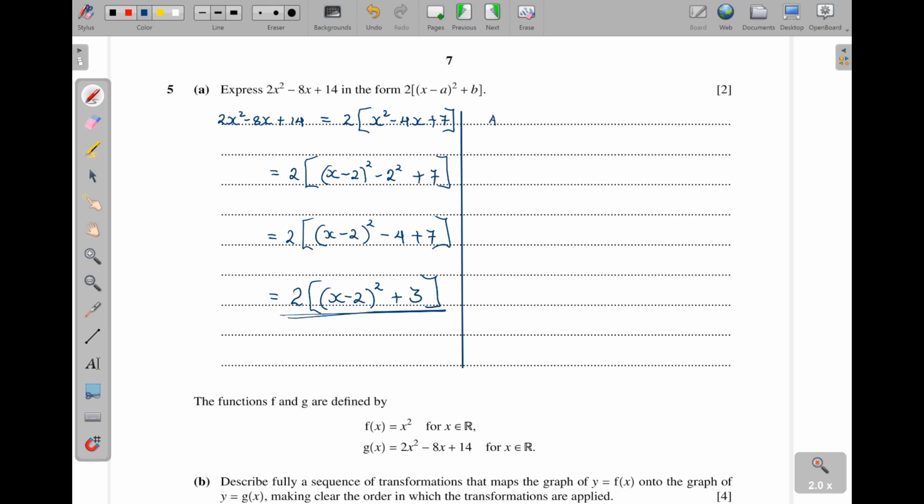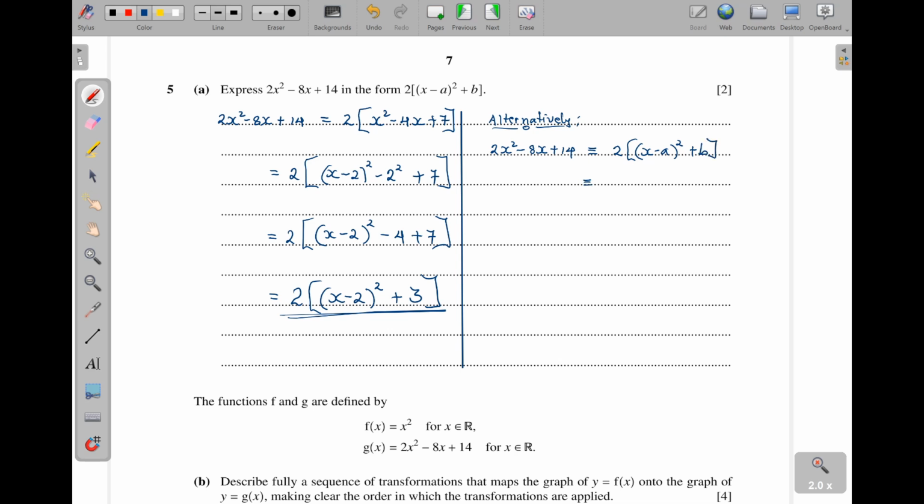The alternative approach is this one here. Alternatively, just expand and then equate the coefficients. So we have 2x squared minus 8x plus 14, and this is equal to 2 into x minus a squared, then plus b.